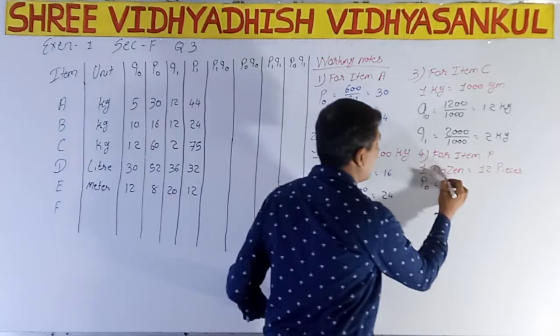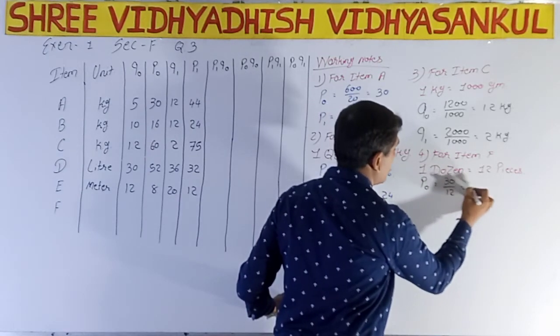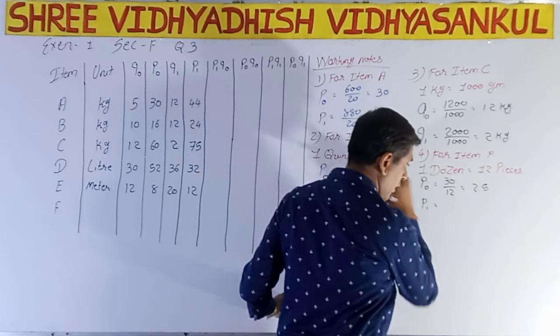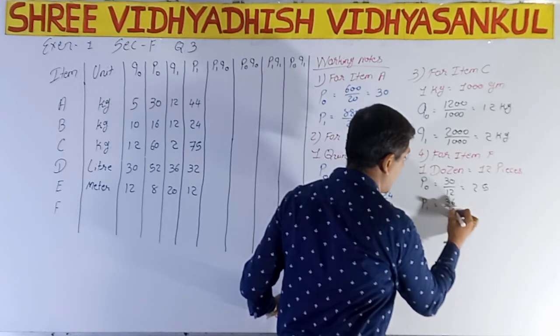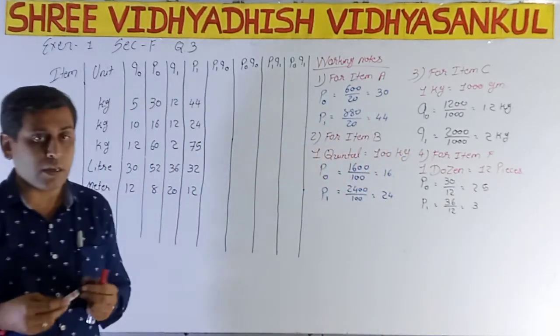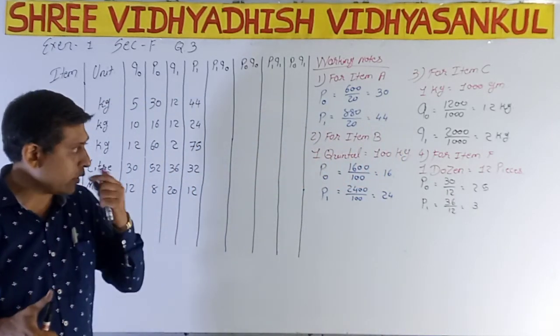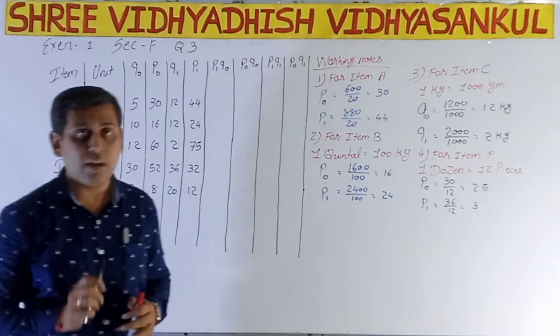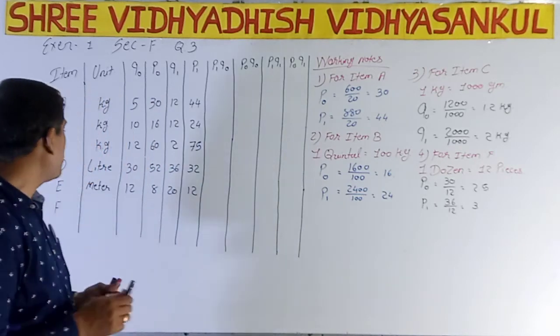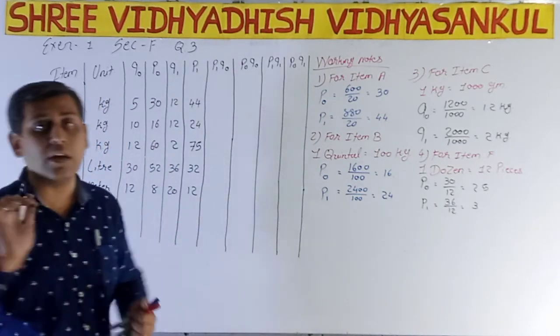So 30 divided by 12, that is 2.5. And what is the price of the current year? 36 divided by 12, so 3 rupees. 2.5 and 3 are the new prices of item F, and we are converting the price. That's why in the unit column we have to write piece, not dozen, right?